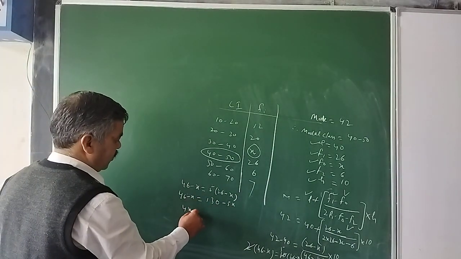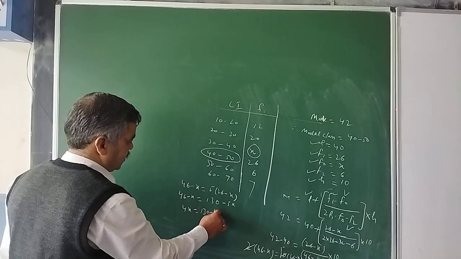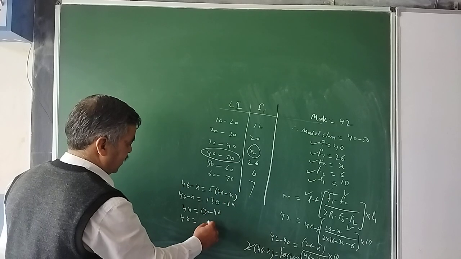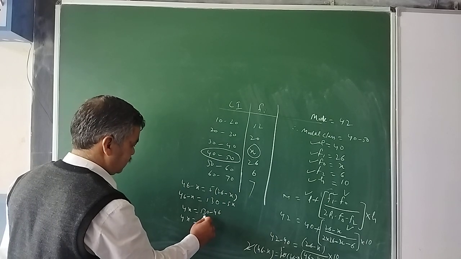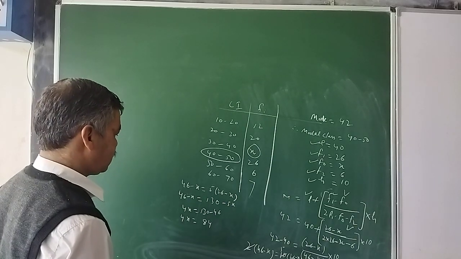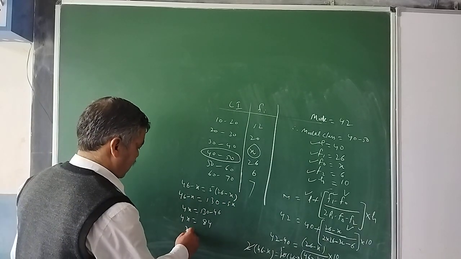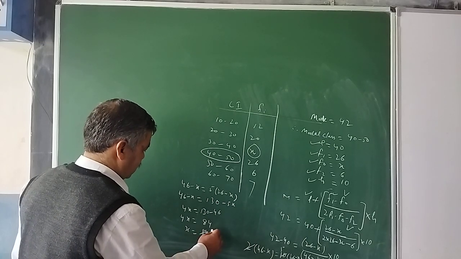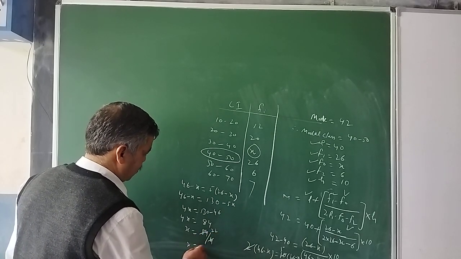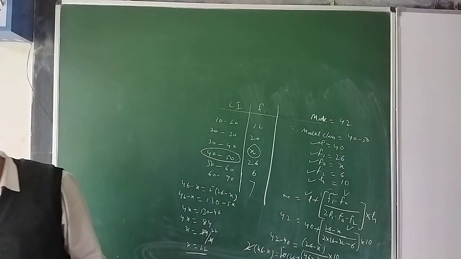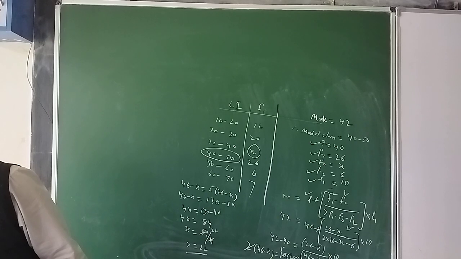This will make it 4X, and 130 minus 46 will make it 84, and X will be equal to 84 upon 4, that is equal to 22.